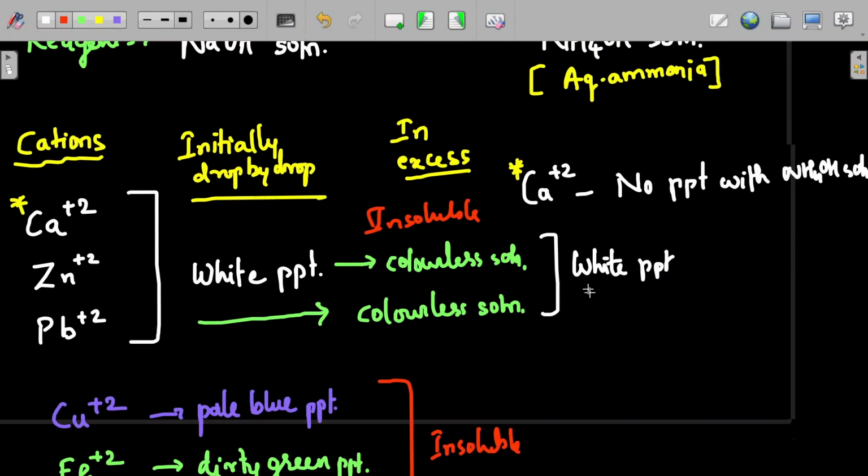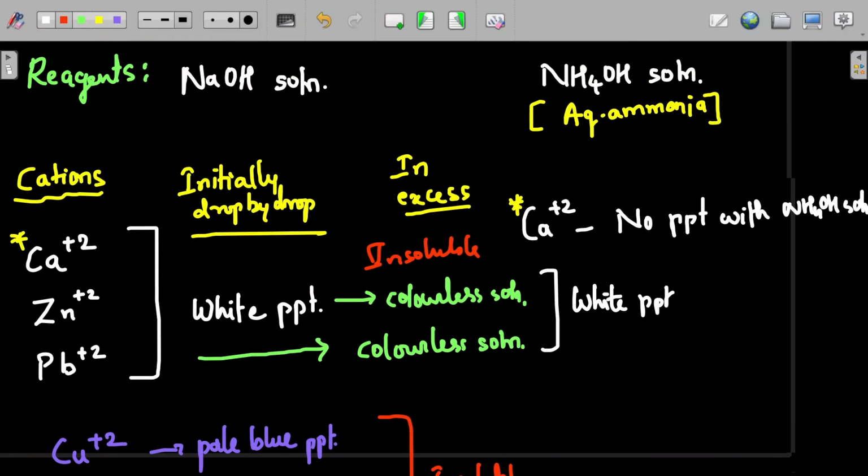Okay. Coming to the same thing for ammonium hydroxide solution. Here also only two are soluble in excess, and zinc is common. So here the zinc white PPT is soluble in excess. And you know when a white PPT dissolves, you will get a colorless solution.